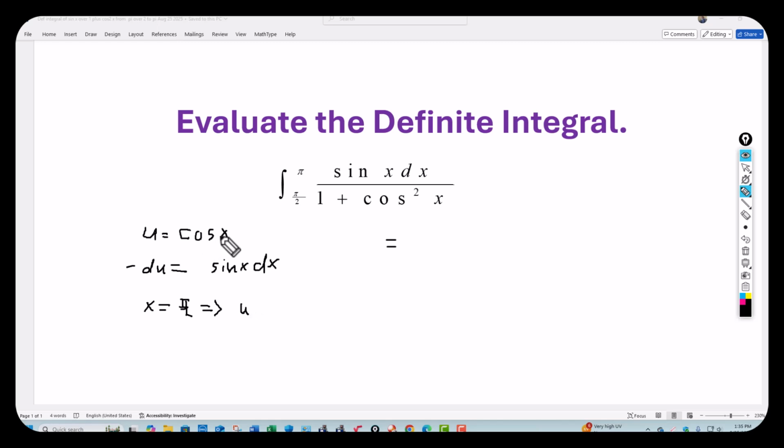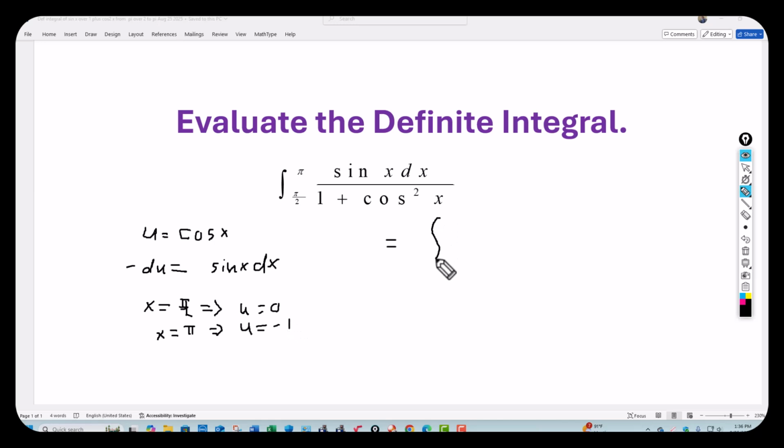Plug it over here: cosine of 0 is equal to 0. And if x is equal to pi, go back up here to the substitution, u equal cosine of x, cosine of pi would imply then that u is equal to negative 1.